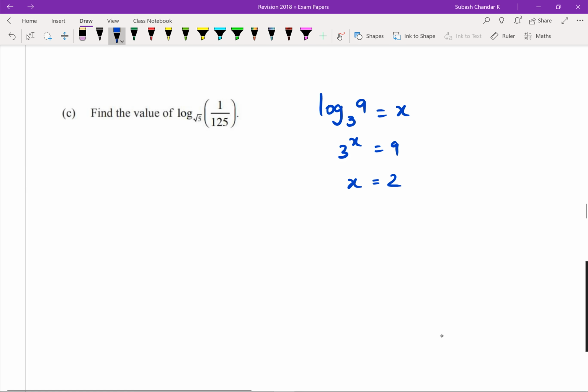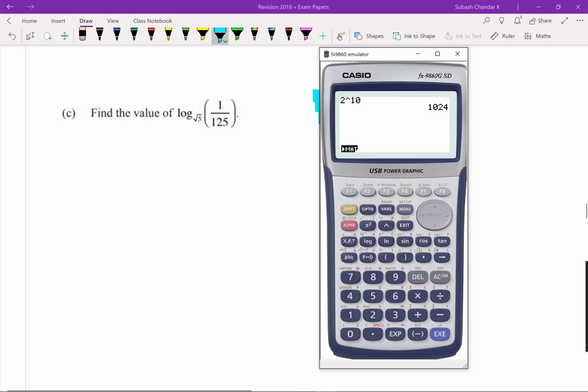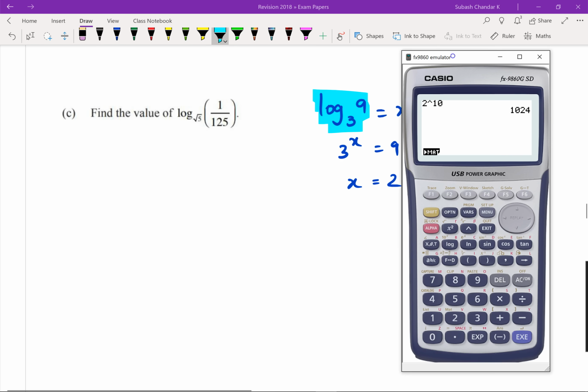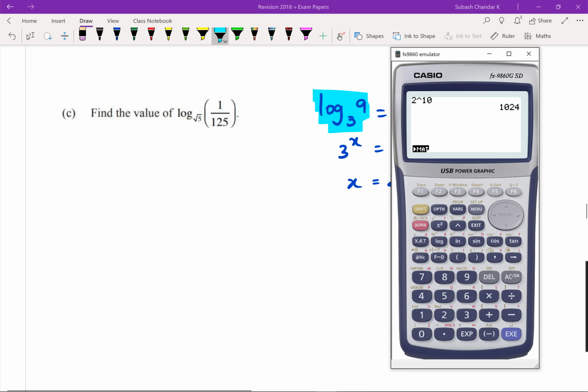But here's the thing, when you get a question like this, you can put this directly in the calculator, because all you have to do is this. When you have log with 3, 9 like that, you basically just go log of 9 divided by log of 3. When you do that, you get 2. So if you were to do that other question that's been in the paper, you can actually check your answers if you want to.